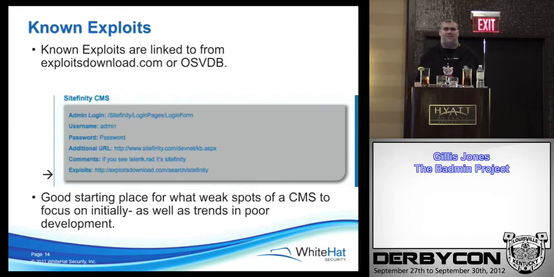They typically focus on network and actual hardware layer stuff. And I found exploits download just in general had more web app stuff. So it's a good starting place, but by no means is it exhaustive. It's simply to make your job a little bit easier as a web tester.